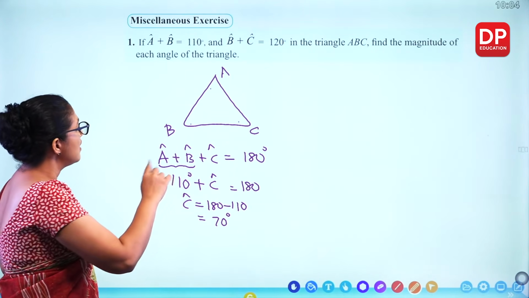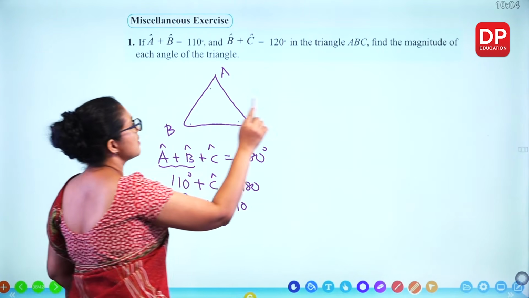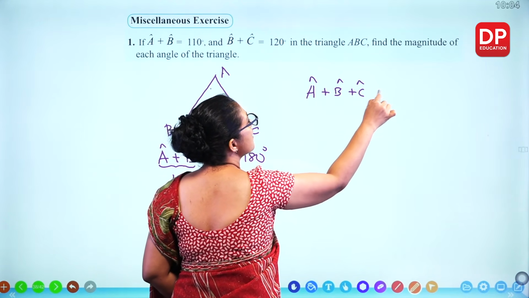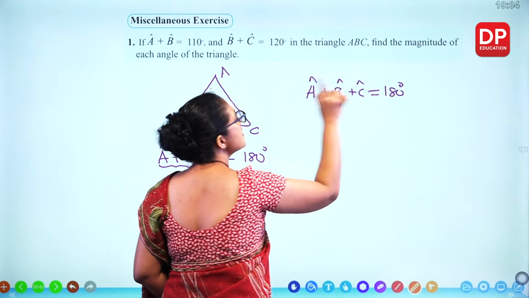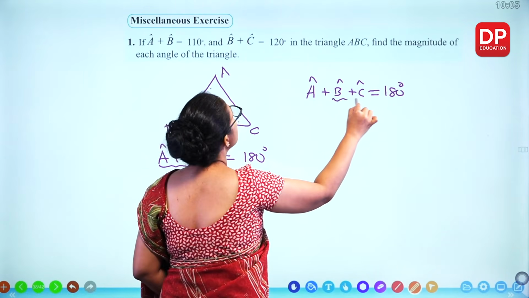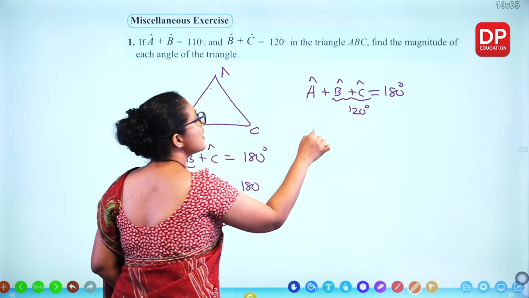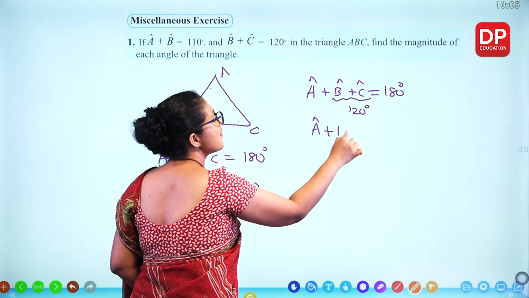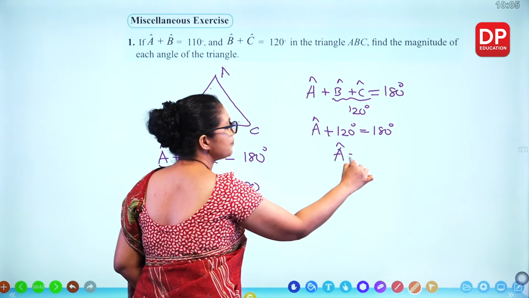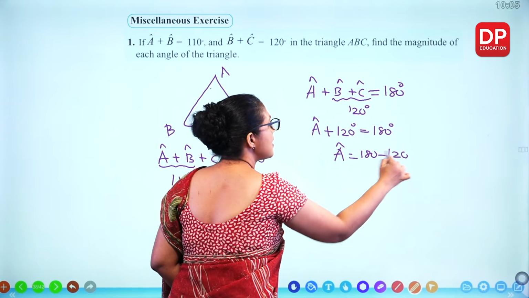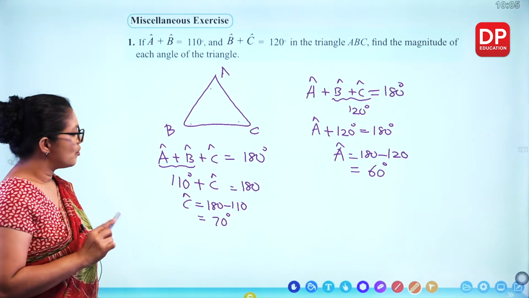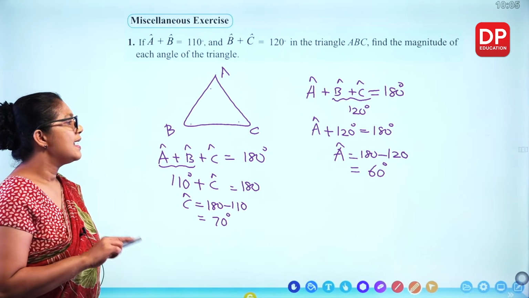So here, according to the other information, A plus B plus C is 180. The sum of angles in a triangle is 180. But we know B plus C is 120. So here I can write A plus 120 is 180. So what is A? 180 minus 120, I get 60 degrees. So we found C is 70, A is 60.